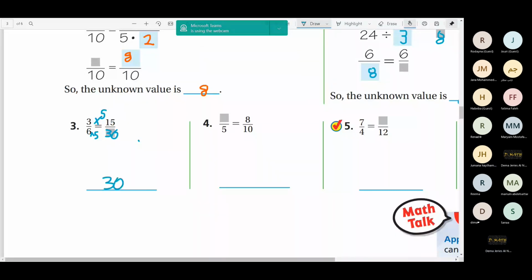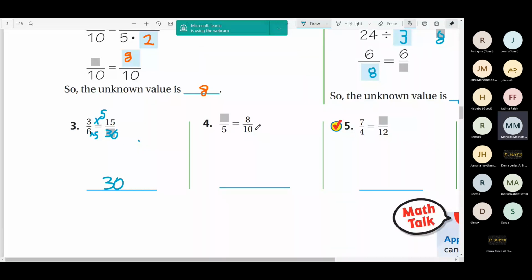Number 4 now, Laura. Maryam Mustafa. Yes, teacher. Yes, Maryam. Number 4. The given rate is 8 to 10. And I want you to write unknown number per 5. So how do you make 10 to be 5?